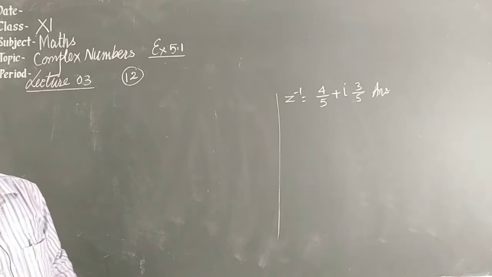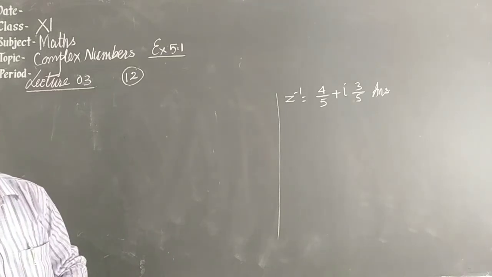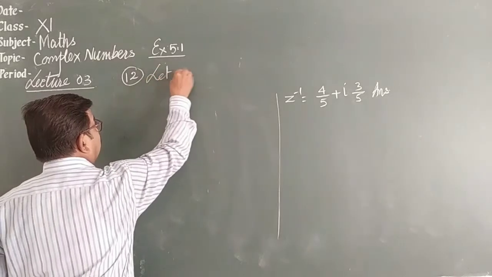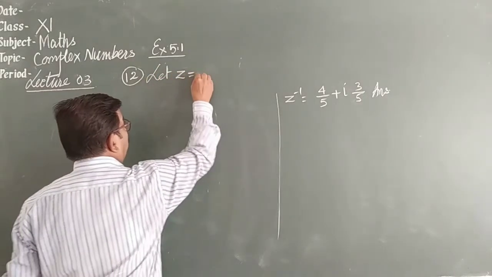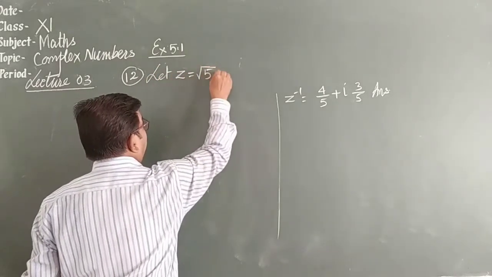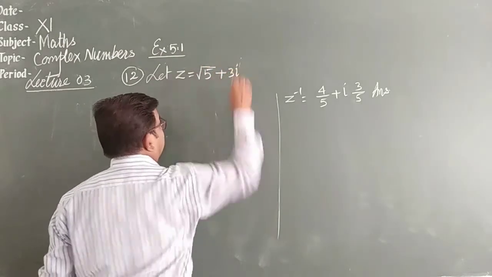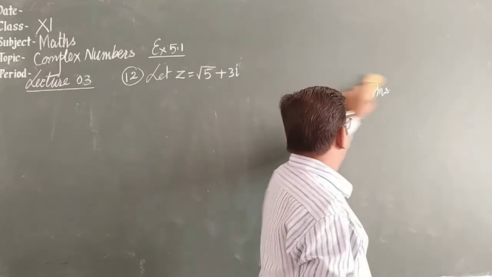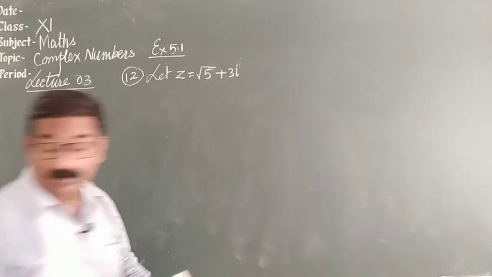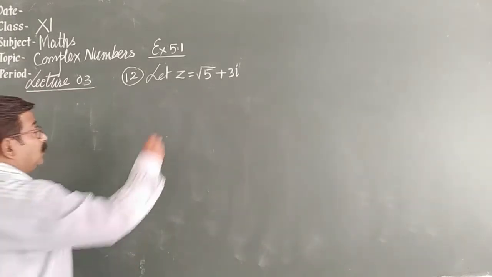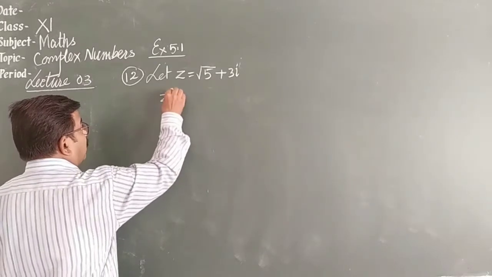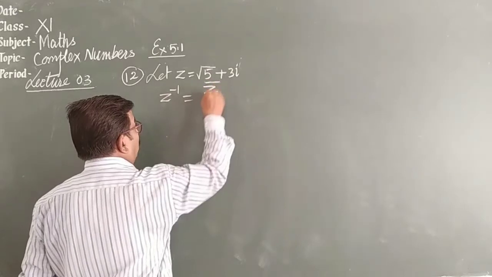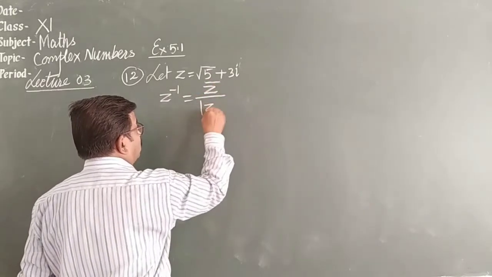In the twelfth question, we are given root 5 plus 3i. Let z is equal to root 5 plus 3i. Once again we have to find the multiplicative inverse of the complex number. So z inverse is equal to conjugate of z upon modulus of z.